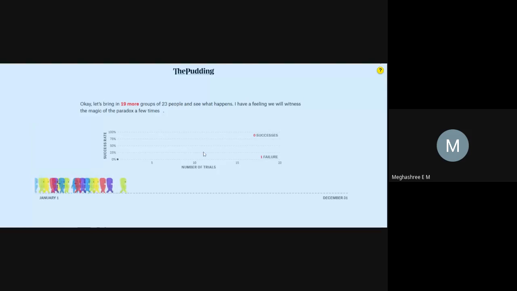It is just the trial. You can see the rising of this graph line. See, four successes. I mean, there are 5 people having the same birthday as mine.